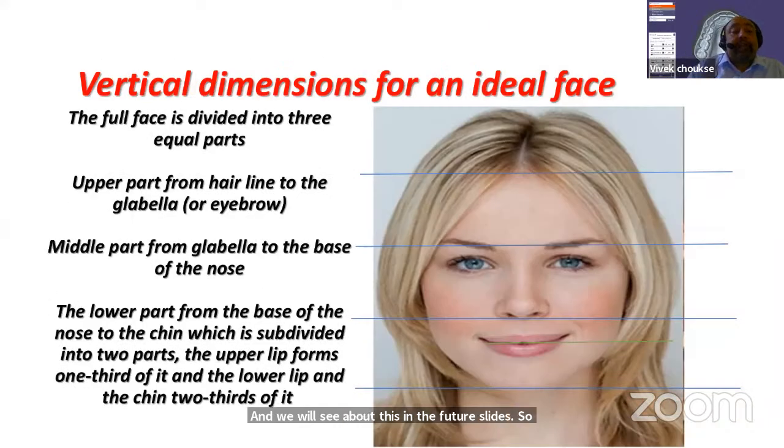So a full face can be divided into three equal parts: from the upper hairline to the glabella, from the glabella to the base of the nose, and from the base of the nose to the chin. And again, the lower third can be further divided into two parts: the upper one third till the upper lip, and the lower two thirds comprising the lower lip and the chin.